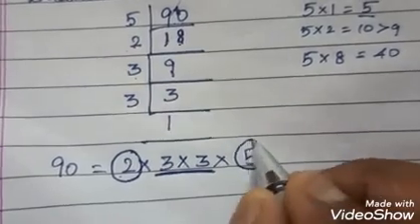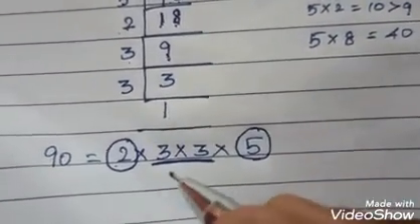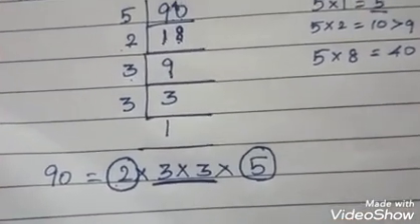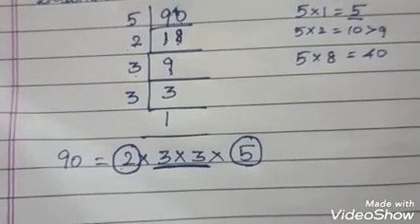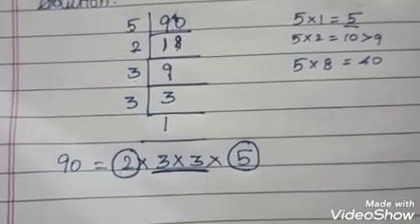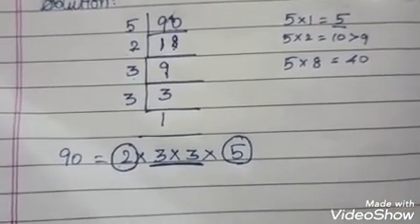Why do I round them? Because 2 doesn't have a pair and 5 also occurs without a pair. So here the factors 2 and 5 occur without a pair. Therefore 90 is not a perfect square.